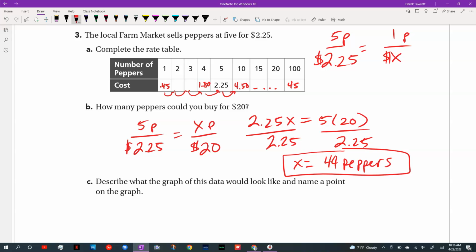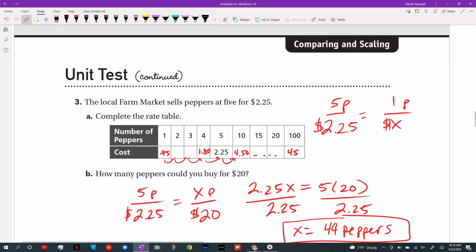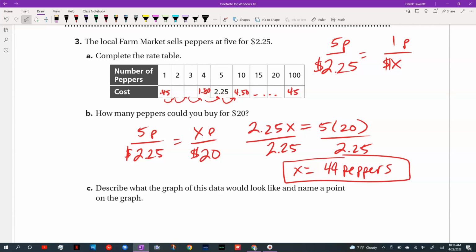Okay. All right, on C, describe what the graph of this data would look like and name a point on the graph. So when you're describing it, you notice as the cost increases, so does the number of peppers. As the number of peppers increases, so does the cost.